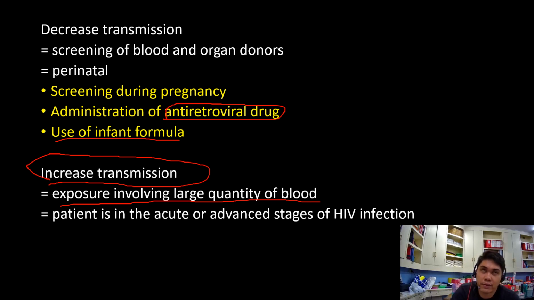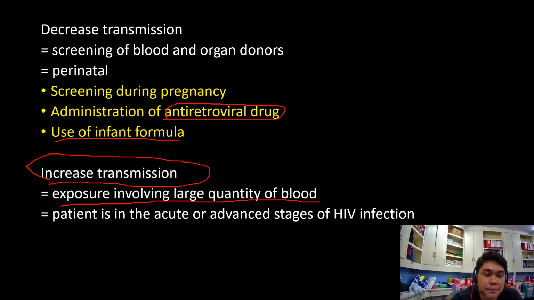For example, if you compare the probability of transmitting HIV via blood transfusion and needle stick injury, blood transfusion will automatically have a higher probability of transmitting HIV. The reason is the larger volume of blood.